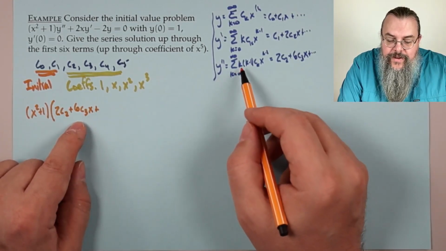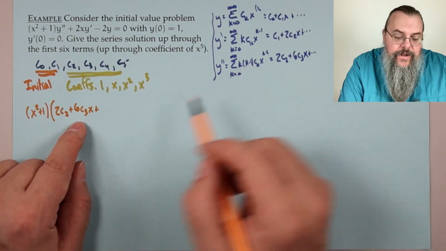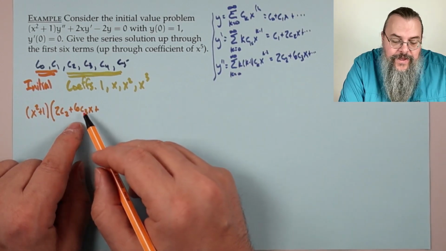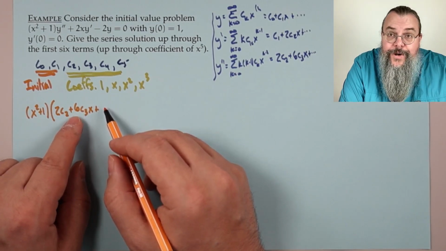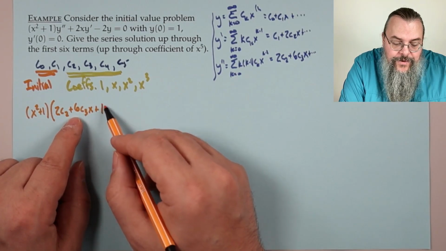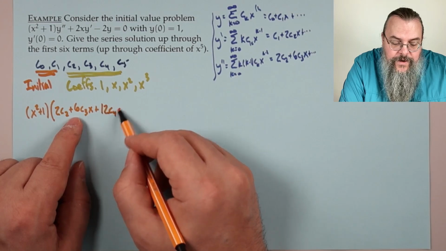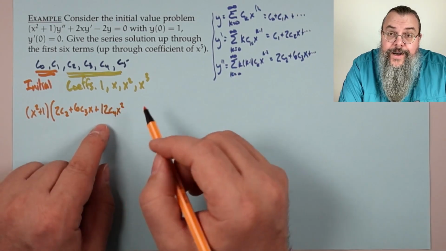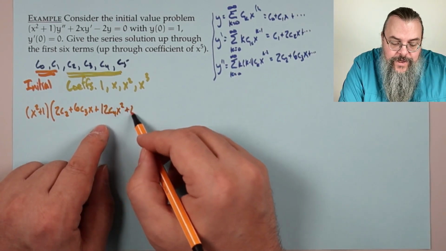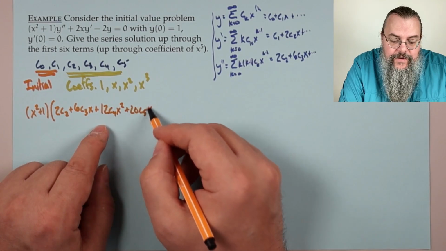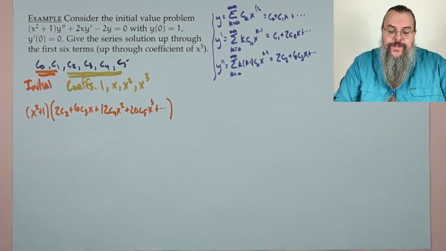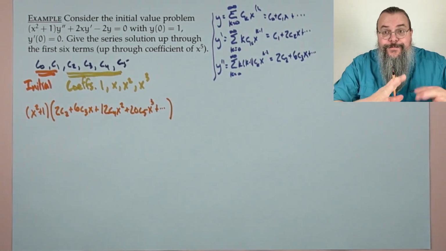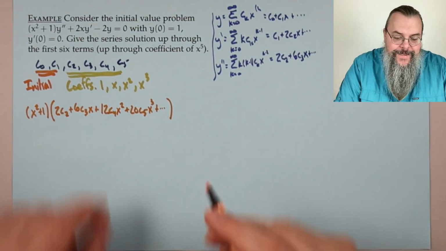Here it's 3 times 2, so the next one will be 4 times 3, so that's 12c4. And then it'll be 5 times 4, 20c5, and dot, dot, dot, shorthand for the other stuff, which we won't need.